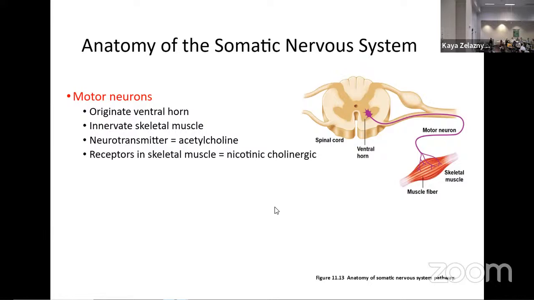We'll often associate them with those ionotropic receptors that we talked about in our last unit, right? So they're really just going to quickly open ion channels, work fast, versus our other type of cholinergic receptor, the muscarinic cholinergic receptor, linked up to a G protein. That's what you would see on the smooth muscle, on the cardiac muscle, on a gland, coupled to that G protein, which means it can have very different effects.